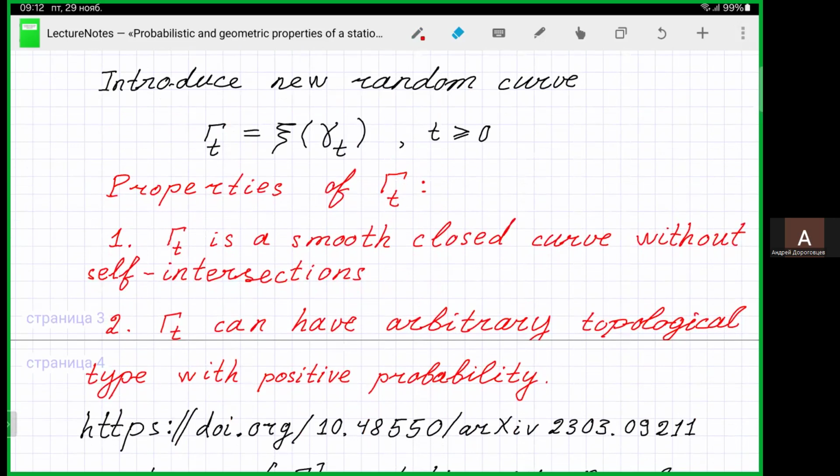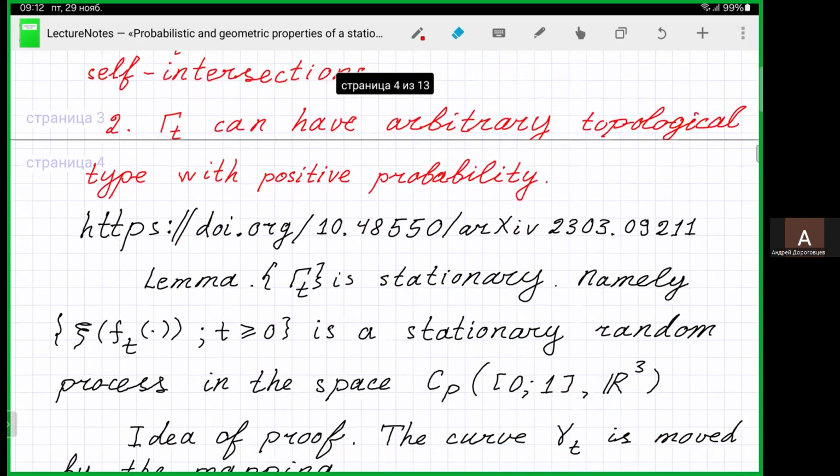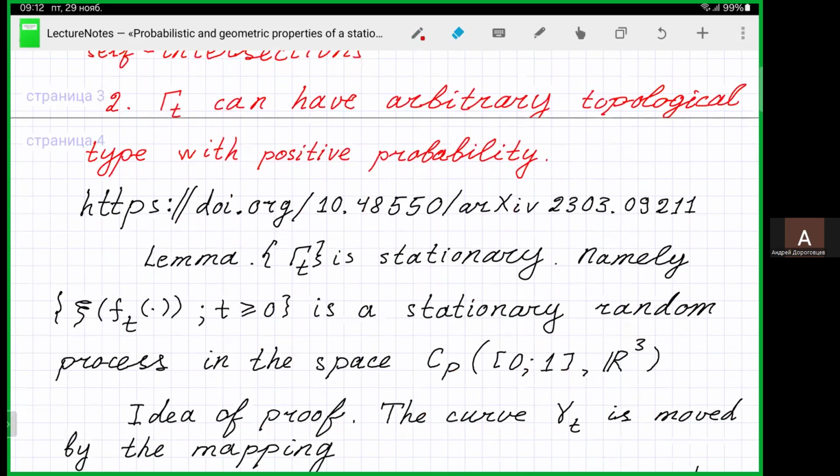Gamma t is a smooth closed random curve without self-intersection, and gamma t can have arbitrary topological type with positive probability. We will discuss these properties later.